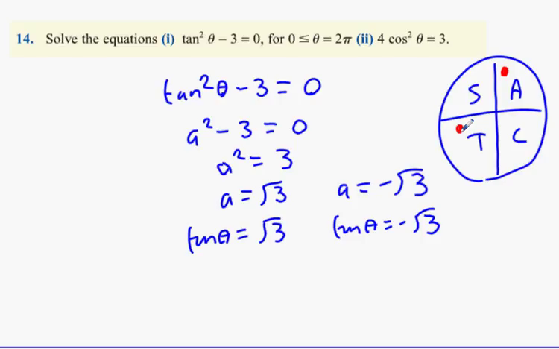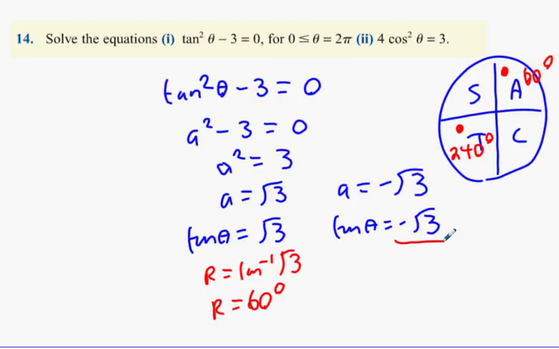Tan inverse root 3? 60 degrees. So what's my first two answers? 60 degrees here and in T? 240. Okay. Now I need to get two negative answers, which is located here and here. So what's the answer for the second one? 120. And the answer for C? 300.